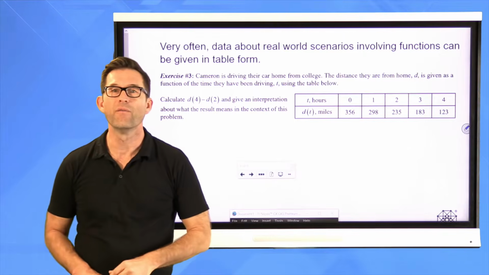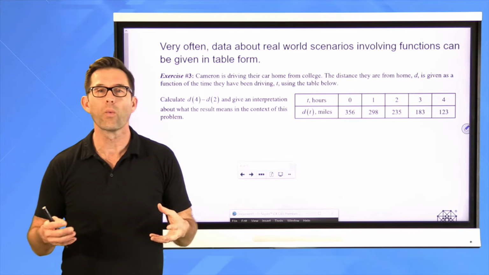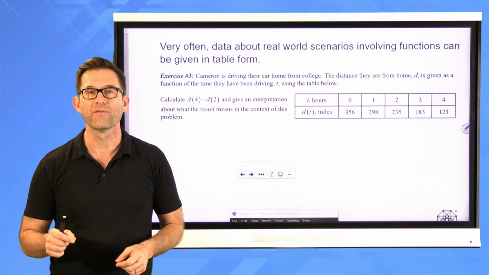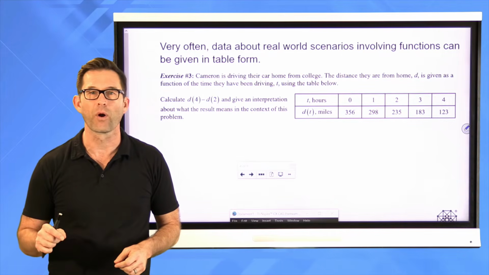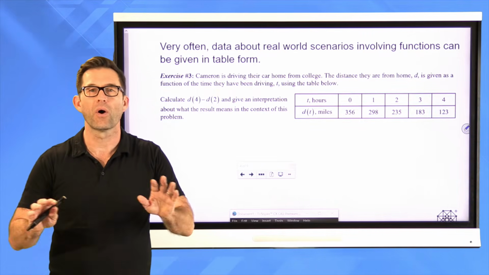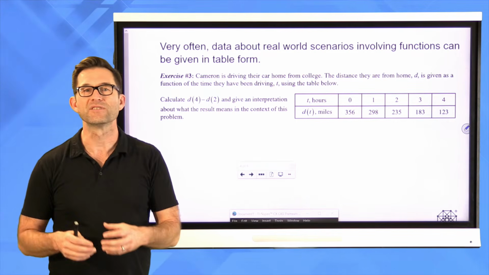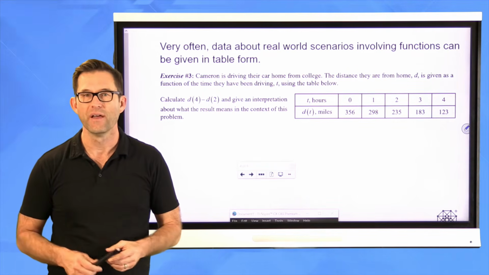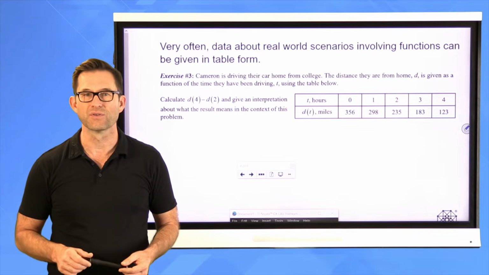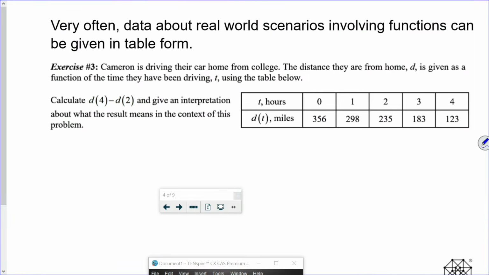Okay, now, very often, data about real-world scenarios involving functions can be given in table form. In engineering, this occurs all the time, where we've got data, okay, and somehow we display it in a table for a function. Let's take a look at one of these in exercise number 3. Cameron is driving their car home from college.